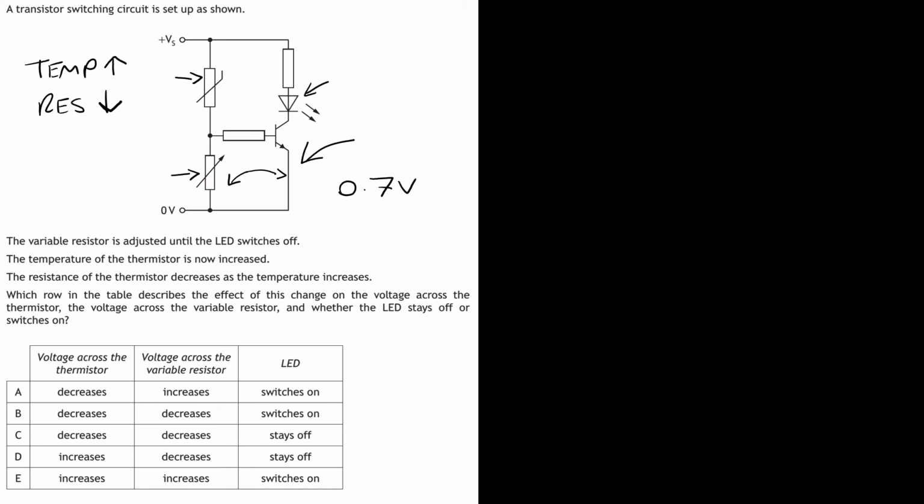So let's see what's happening. The temperature has now gone up. That means the resistance of the thermistor has gone down. Now, if the resistance of the thermistor has gone down, that means the resistance it represents is a smaller portion of the total resistance.